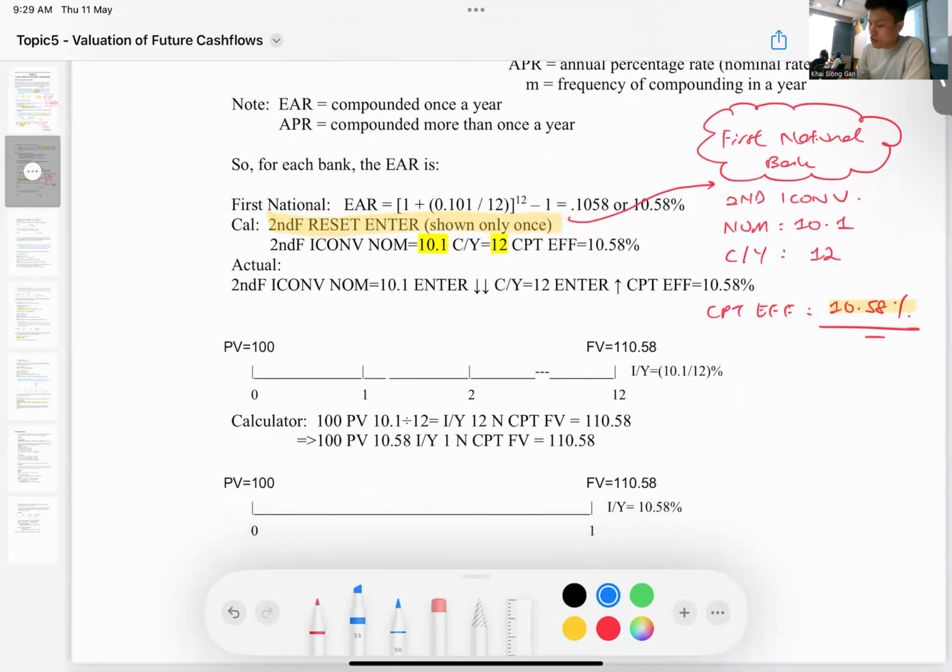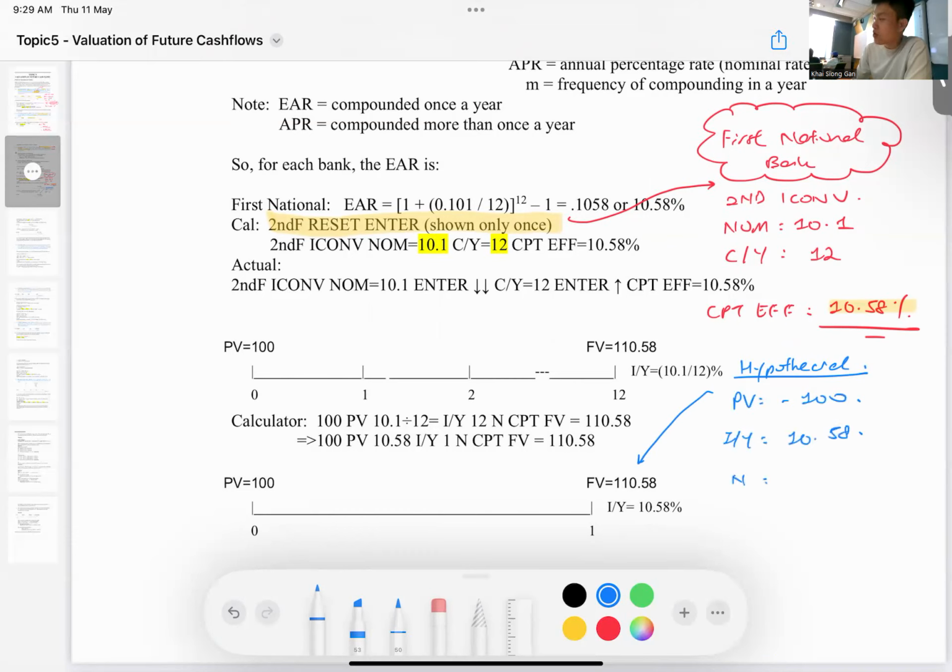So I can do a hypothetical scenario. I want to see if today I borrow 100, how much is it based on this interest rate? So I can key in PV negative 100, I/Y equals 10.58%.